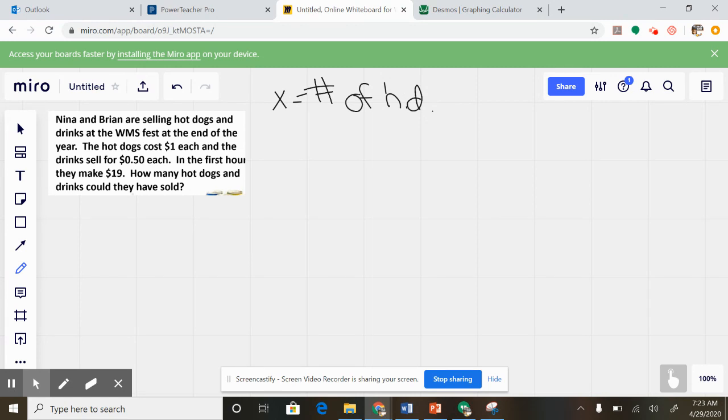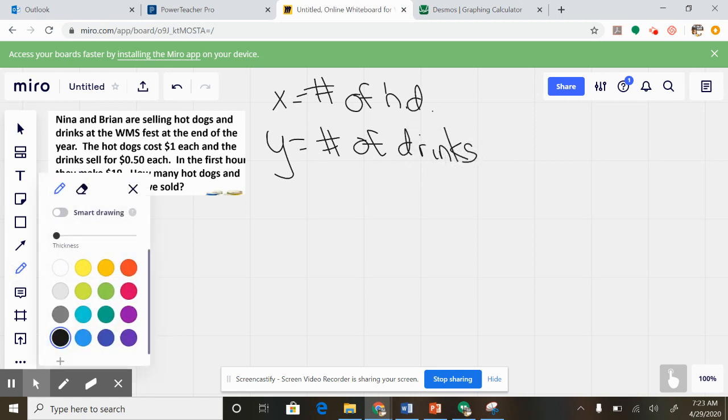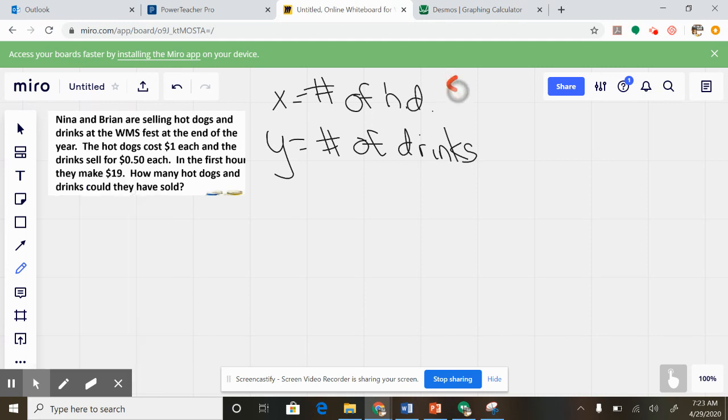And then while I'm at it, I'm just going to say Y is the number of drinks they sell. Well, I also know that the hot dogs were $1, and the drinks were only 50 cents.